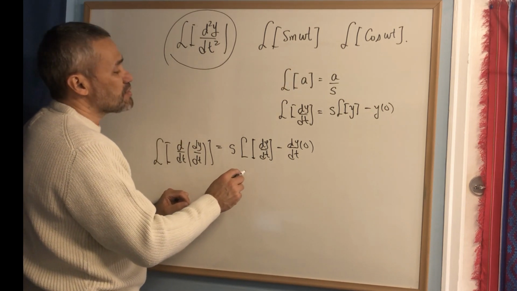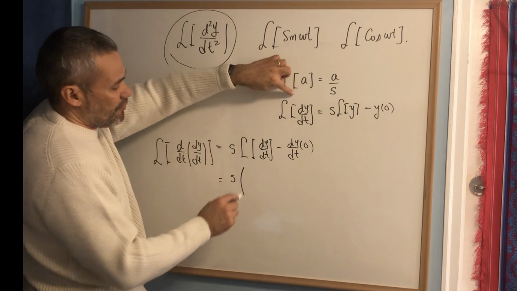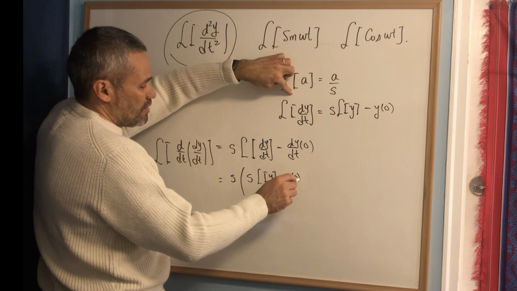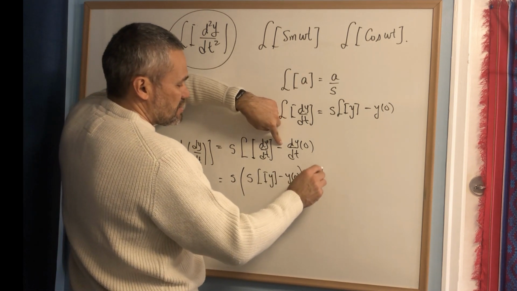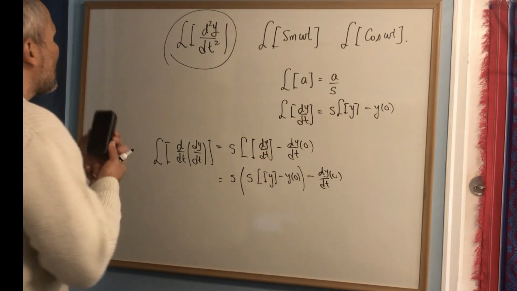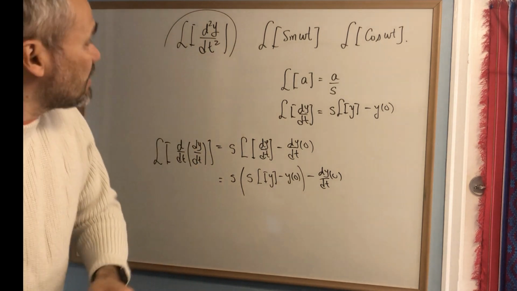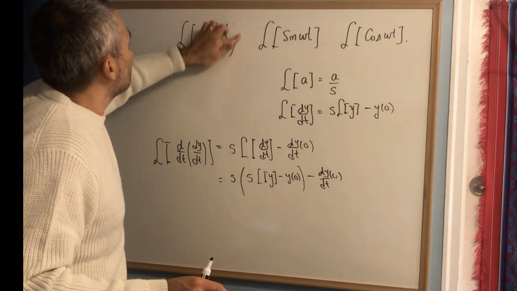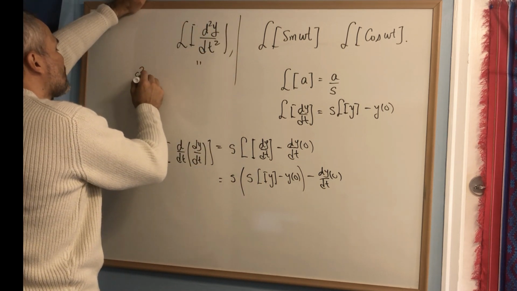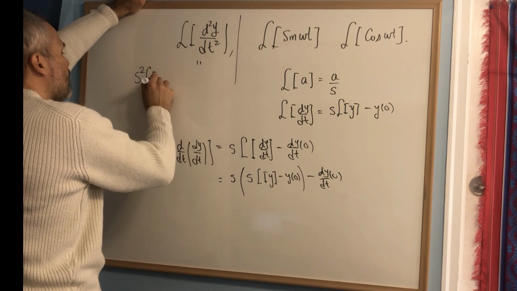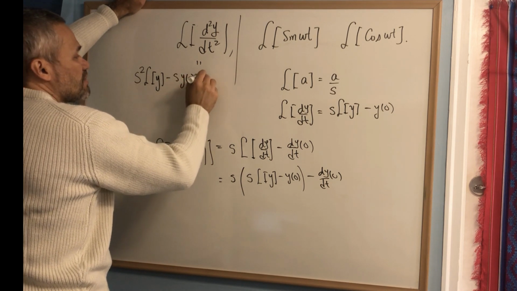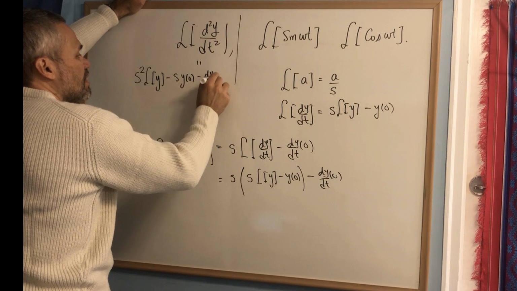Then this is s times, s times the Laplace transform of y minus y of 0, and then here minus dy dt of 0. Then we have the formula that says that the Laplace transform of the second derivative is just s squared times the Laplace transform of y minus s times y of 0 minus dy dt of 0.